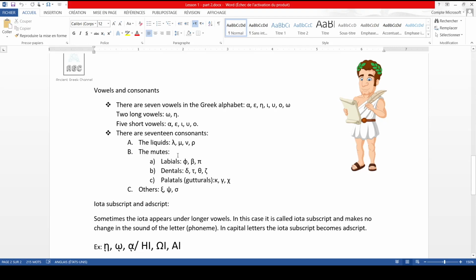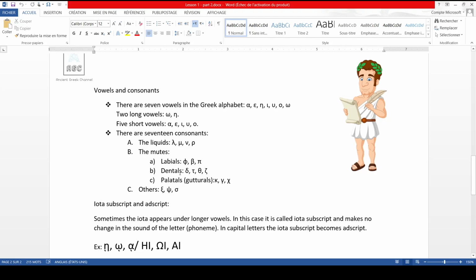The mute consonants are in 3 subcategories. We have the labials that are mainly pronounced with the lips: phi, beta, and pi.